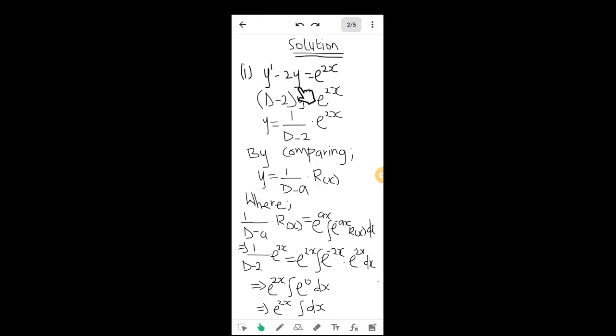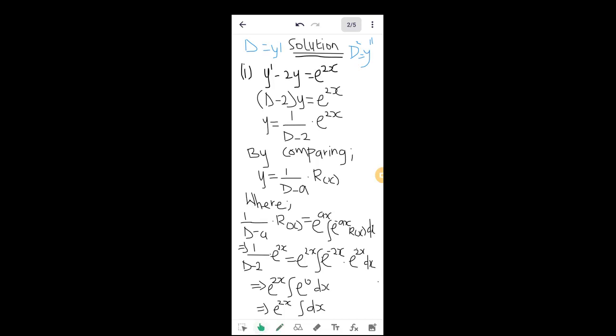From our previous lessons, we notice that anytime we have D, it means y prime. Then anytime we have something like D square, it means y prime prime. Okay, so it's just a few things we need to know.